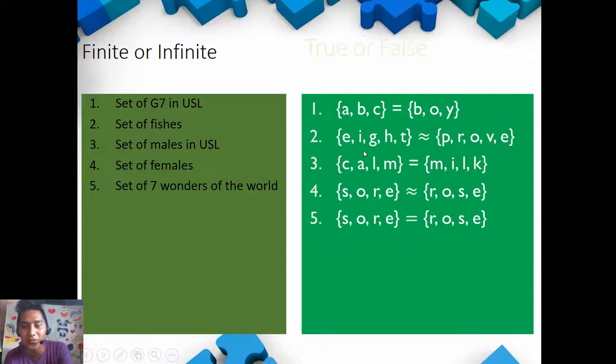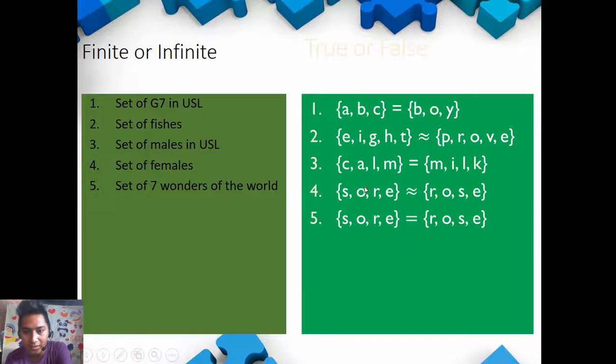Next one, number 2. EIGHT is equivalent to PROVE. What is the condition for it to be equivalent? It should have the same number of elements. Let's count 1, 2, 3, 4, 5 and then 1, 2, 3, 4, 5. So are they equivalent set? Yes, they are equivalent set.